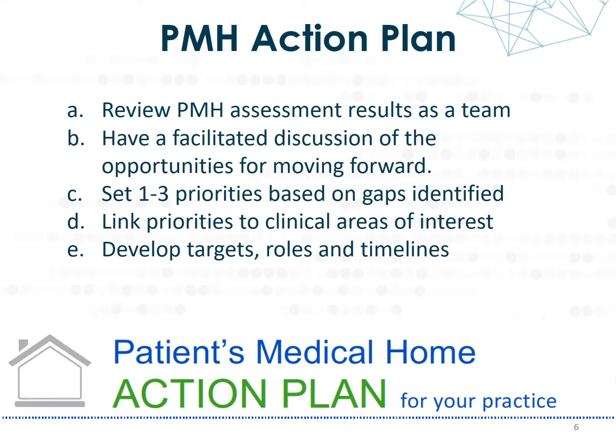This is a facilitated discussion that helps the team come to consensus on what are some of the important pieces of work that would really help this team move forward. And it's meant to identify no more than about 1 to 3 priority areas based upon gaps and perhaps some of the supports that are available in the system right now to improve upon those gaps.